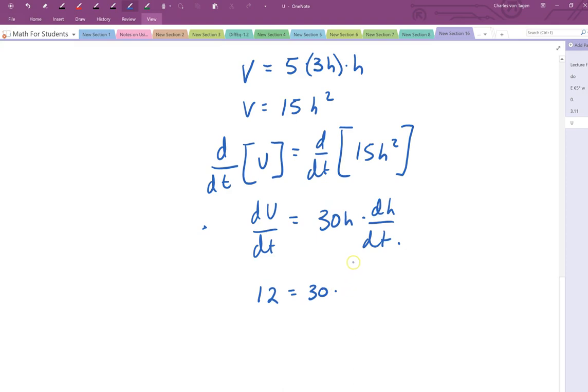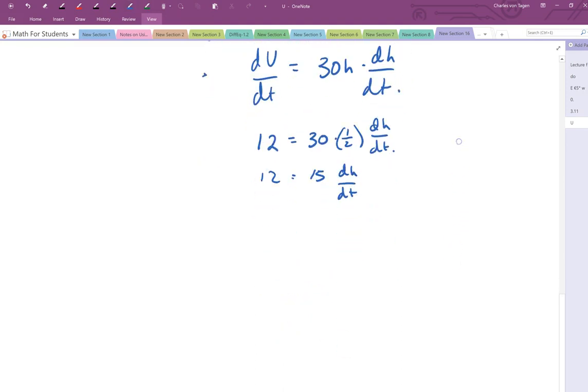And be careful here, this is 12 cubic feet. Everything that we've been doing so far has been in terms of feet, so our height should be considered as half a foot times dh/dt. So we get that 12 is equal to 15 dh/dt, or that dh/dt is equal to 12/15.